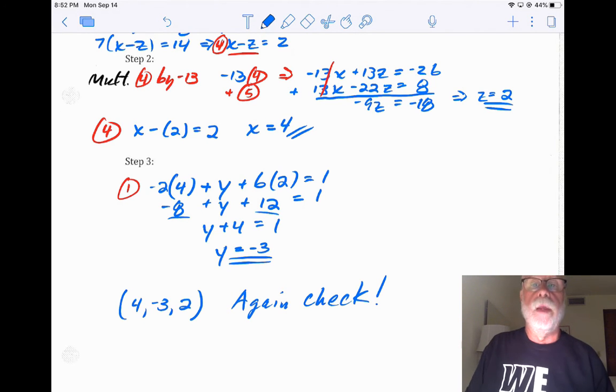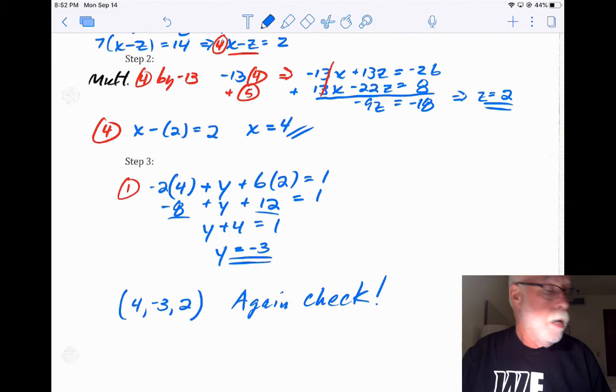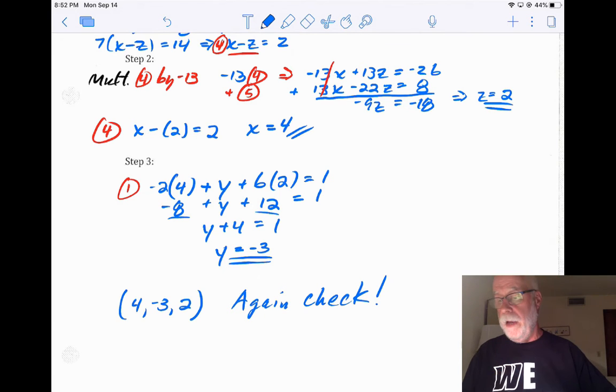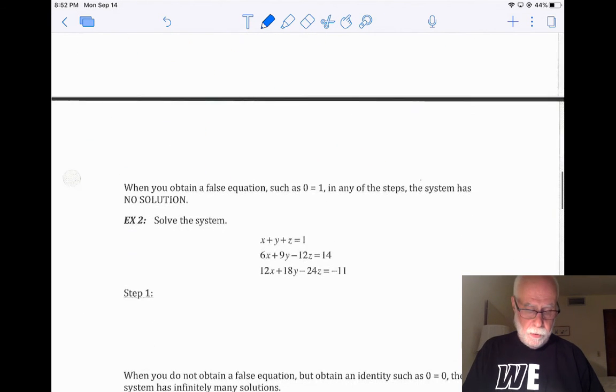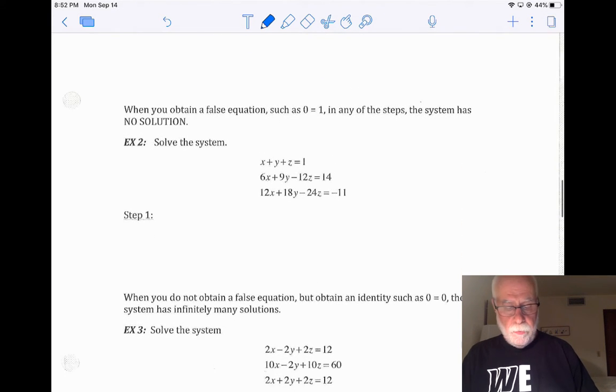All right, so that's kind of where I finished the notes today. But I did tell you I was going to finish the whole thing for you and put it up for you, so I will do that. When you obtain a false equation, such as 0 is equal to 1, in any of the steps, the system has no solution. So example 2.